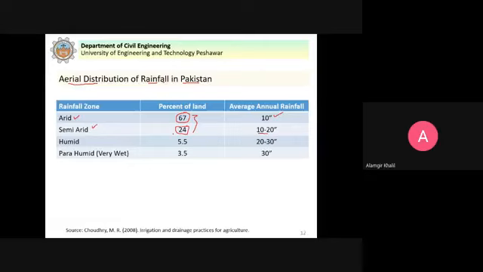So you can see why we need irrigation. And this is the reason why Pakistan has the largest continuous surface irrigation system in the world.